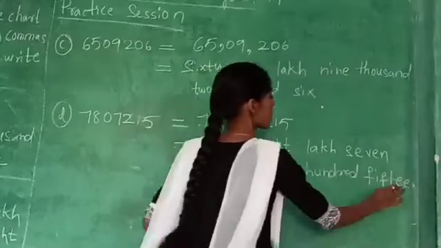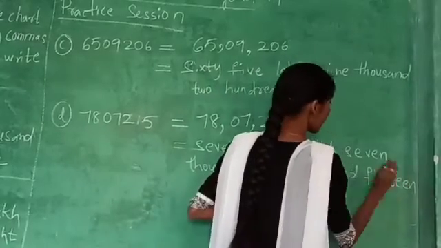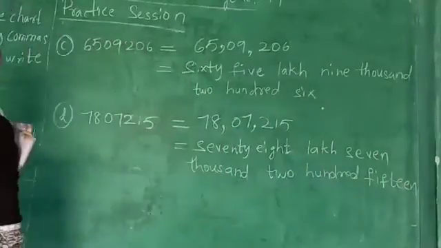Okay, now these are the number names and commas of the given numbers.